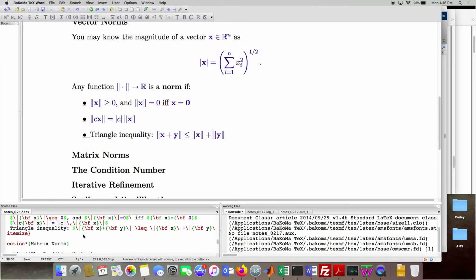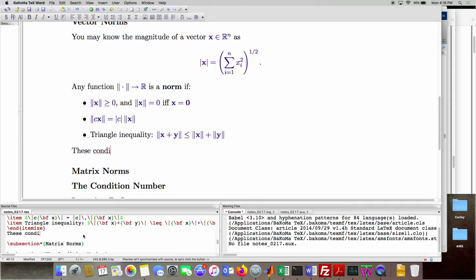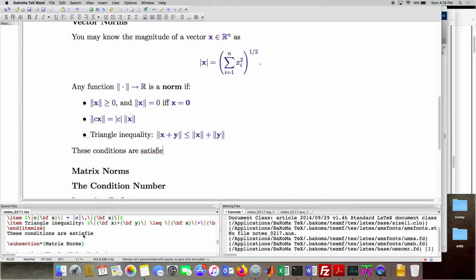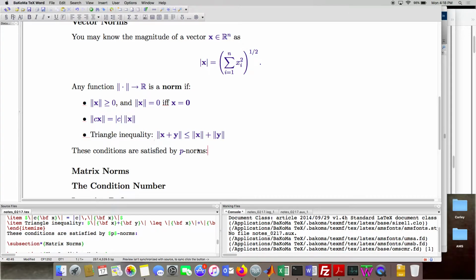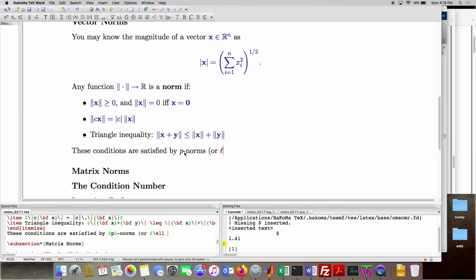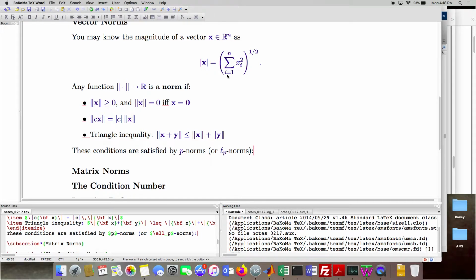Okay. So these conditions are satisfied by p norms, also known as LP norms. And this is a generalization of this notion of magnitude that you see here.